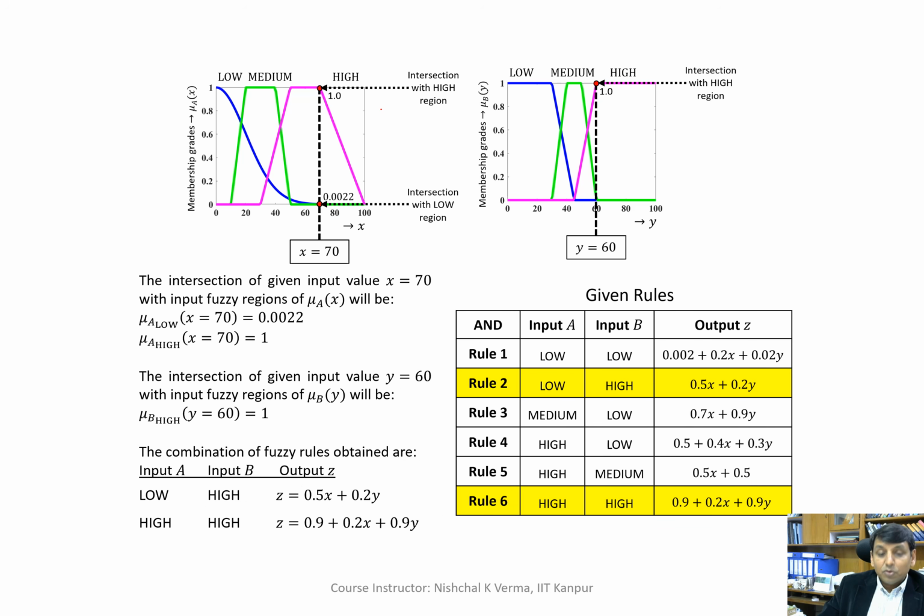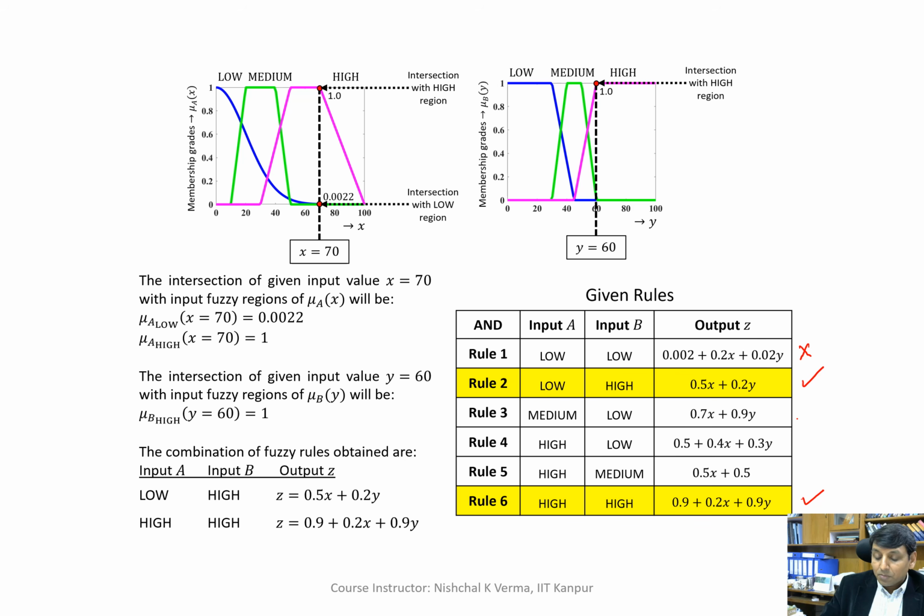Now here we have to look for the applicable rules. Since we have 6 rules given for the TSK fuzzy model, we have only 2 combinations, that is low high and high high. So rule number 2 will apply and rule 6 will apply.